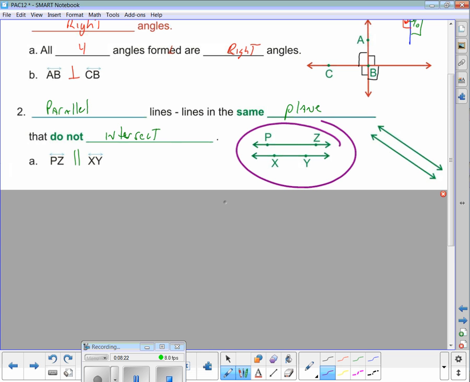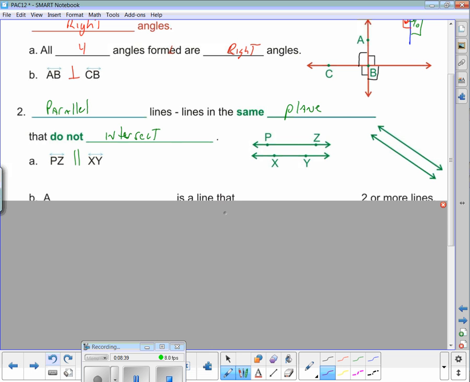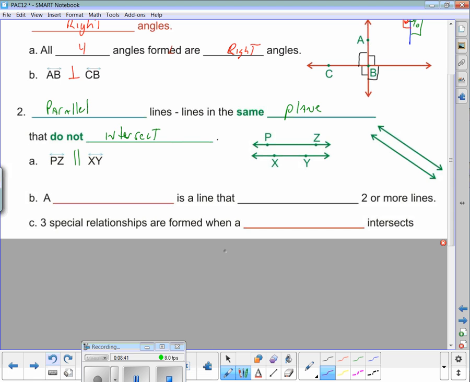To the right there, I drew them at an angle. That's fine. If they keep going forever, they're never going to intersect because they are parallel. The distance stays the same. I think you know the aspect of parallel lines. Again, be careful: they have to be in the same plane.